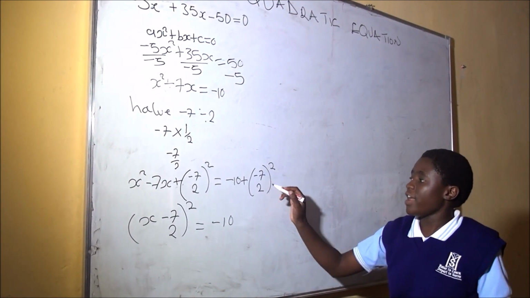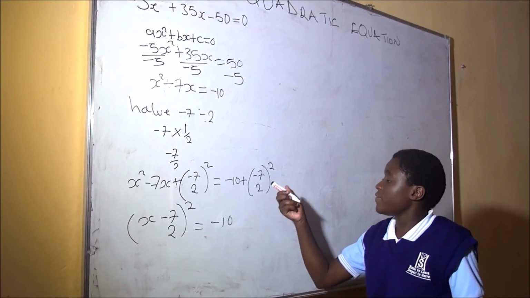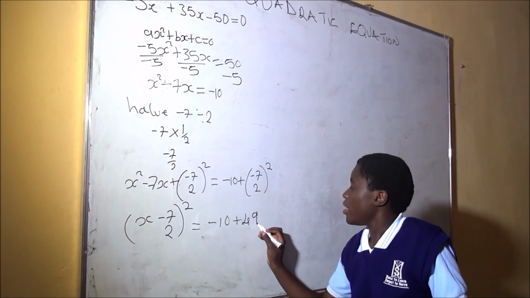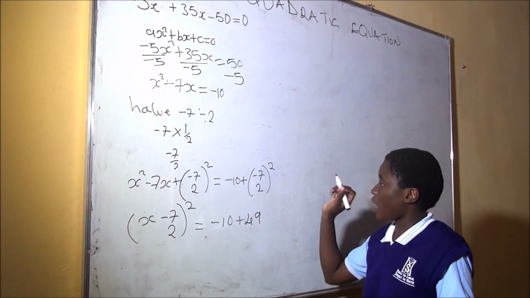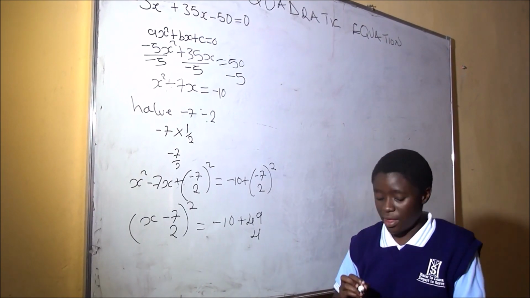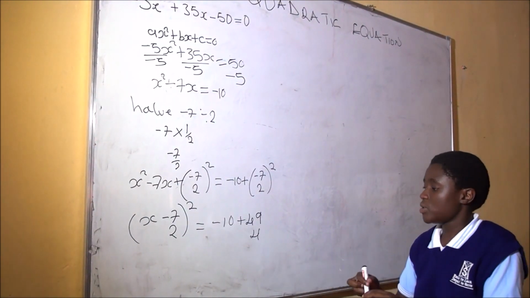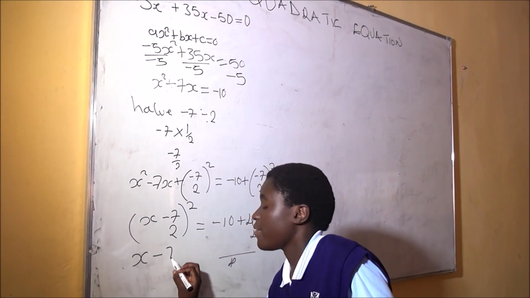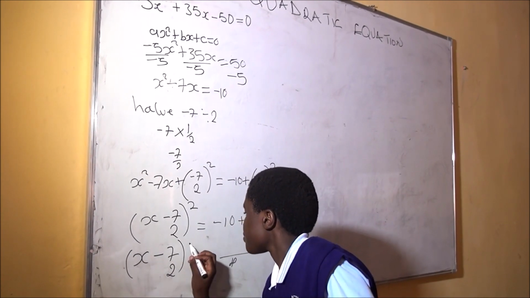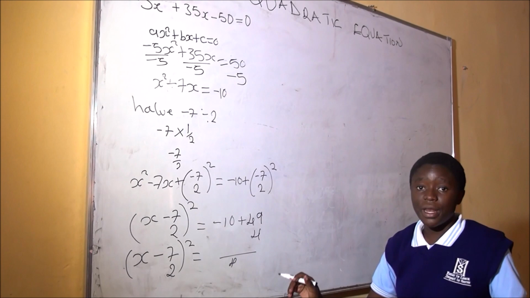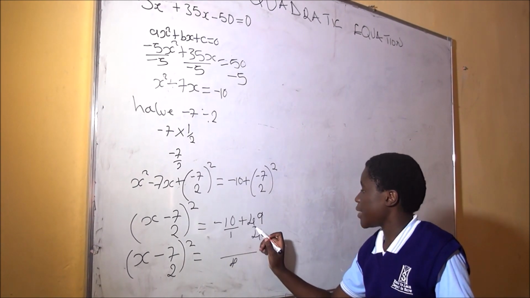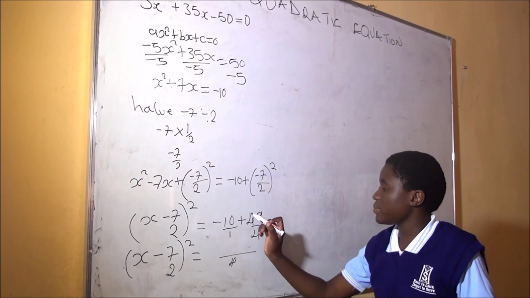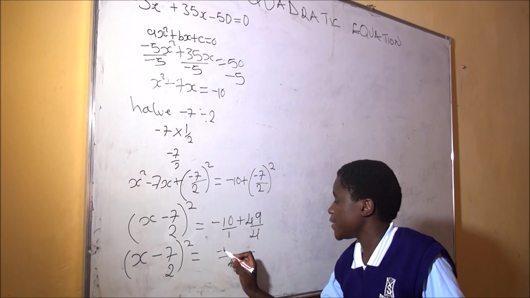Then this square affects everything. So here it's going to be negative 7 to the power 2, which is positive 49. Then negative 2 to the power 2, which is 4. Then we find the common denominator, which is over 4. Then we write x minus 7 over 2, all squared, is equal to, the common denominator is 4, then 1 into 4 is 4, 4 times negative 10 is negative 40.